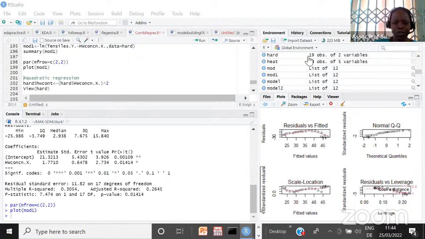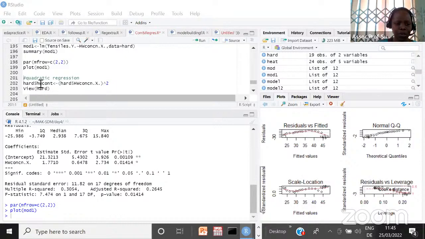So what we are going to do is run the correct model. Line 202: we want to introduce a quadratic term, a new variable, in our data set. So you write hardwood and call it a new name, and then we are squaring the initial hardwood concentration.